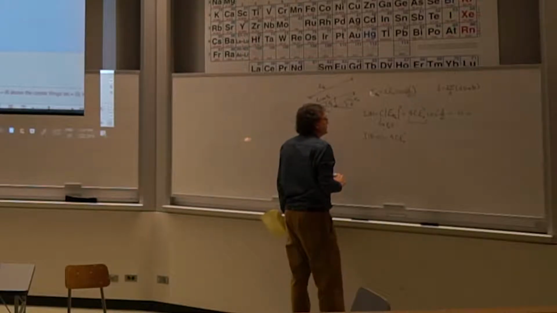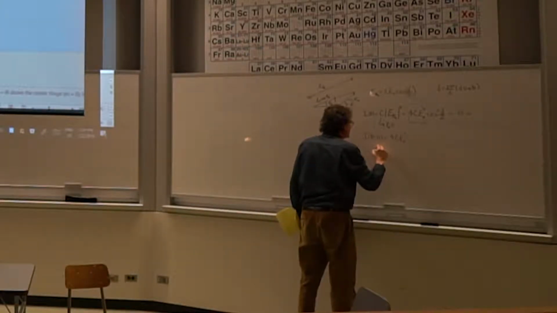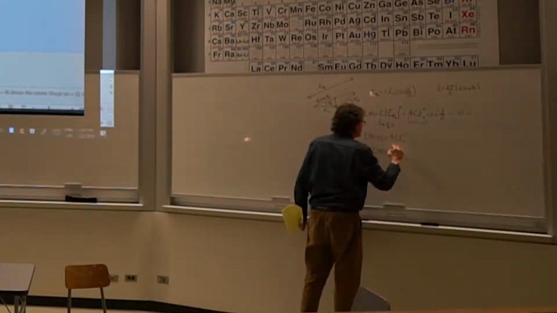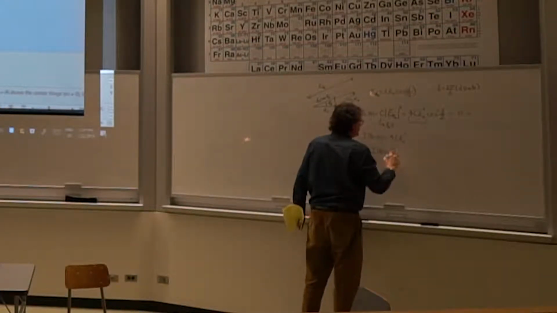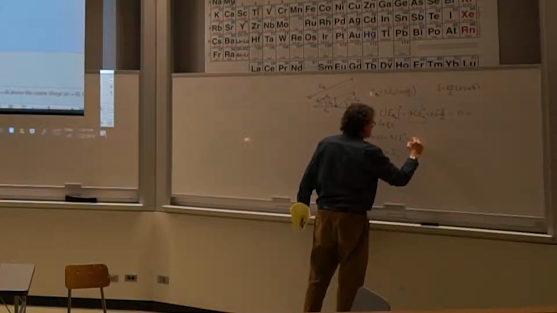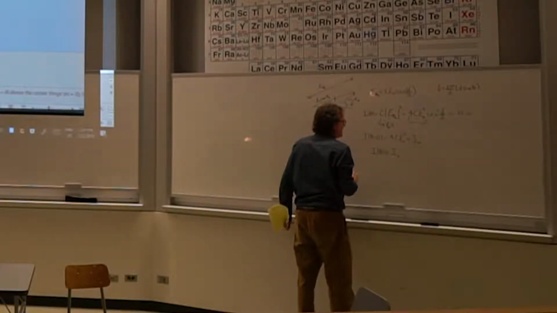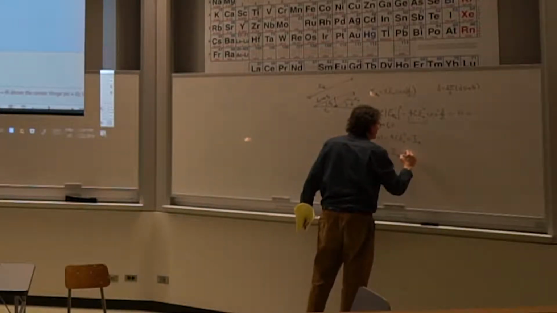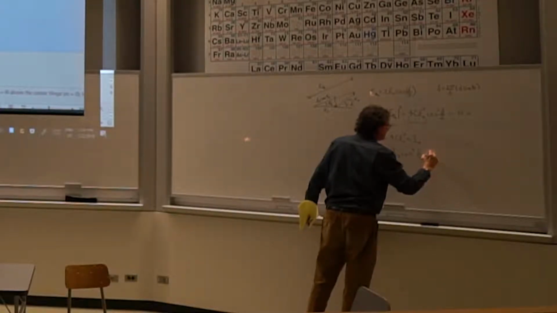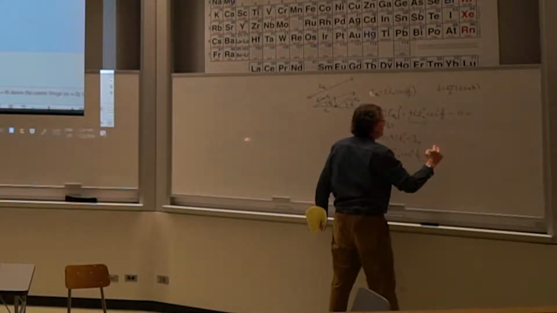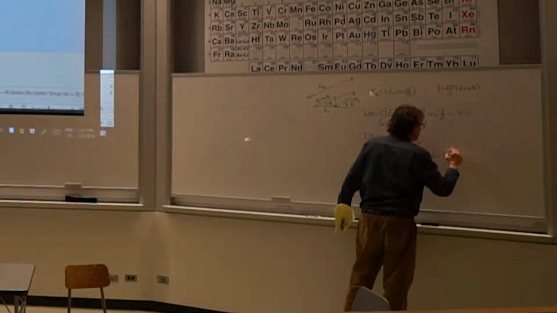theta equals 0. So now I can say that the intensity as a function of theta is equal to, we'll call this I sub 0, the intensity at theta equals 0, times cosine squared of delta over 2, and delta is equal to 2 pi over lambda times d sine theta.